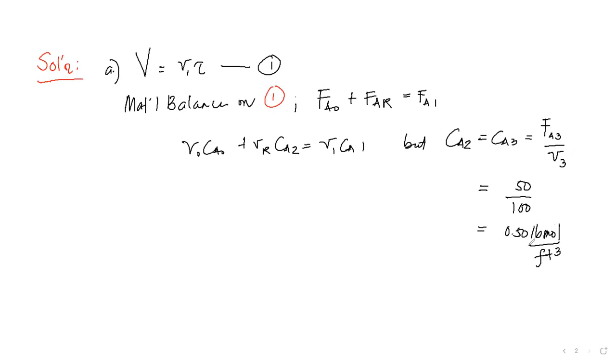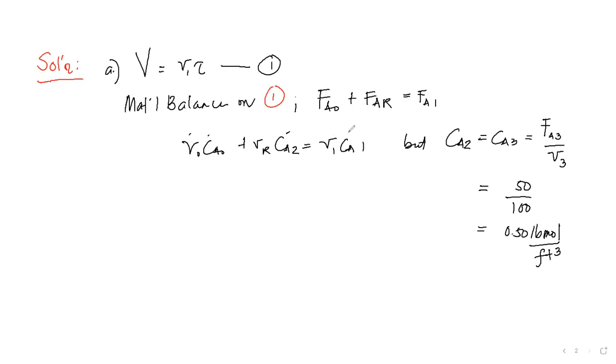Now if we go back to our equation, let's see what we know and what we still do not know. We know this, we know this, we still do not know the recycle stream volumetric flow rate. CA2 we just determined. V1 we don't know also, because that's the reason why we set up this equation, because we need the V1 from this equation to be substituted here.